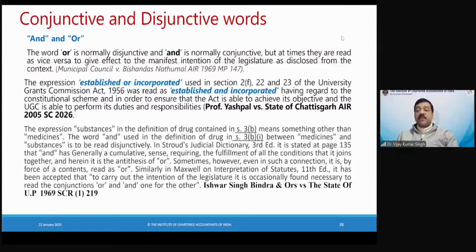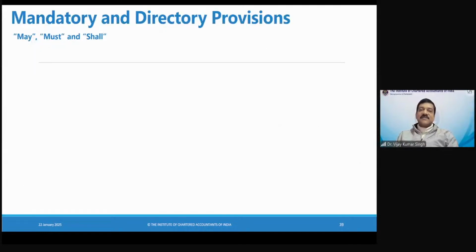Similarly, in Maxwell on Interpretation of Statutes, 11th edition, it has been accepted that to carry out the intention of the legislature, it is occasionally found necessary to read the conjunctions "or" and "and" one for the other. This is what was held in this particular case. So you saw how "and" can be used as "or", and "or" can be used as "and", but not in normal circumstances. You have to be finding out the exceptional circumstances.